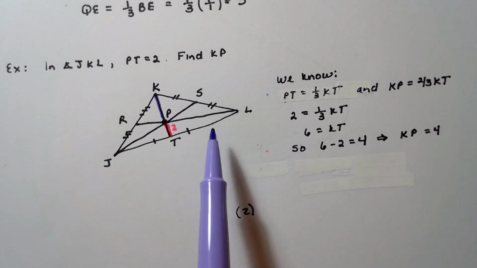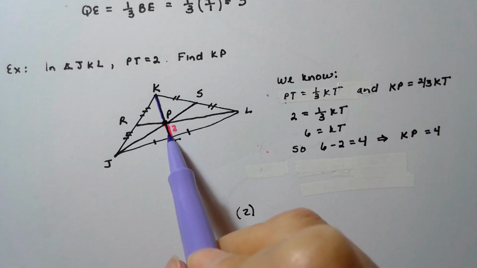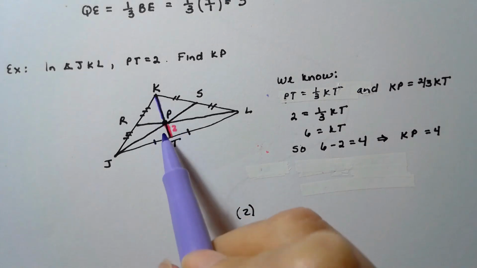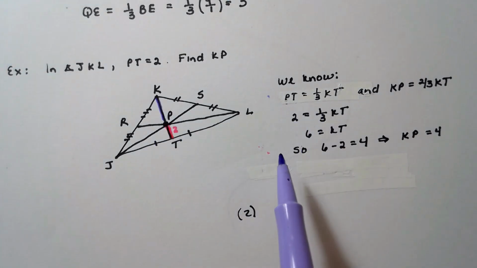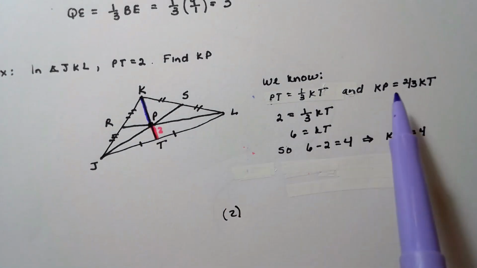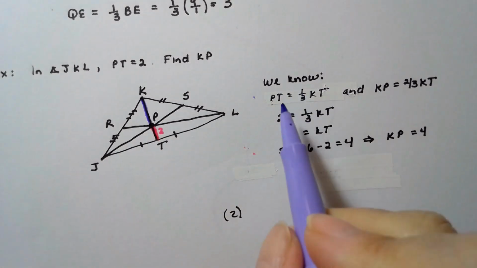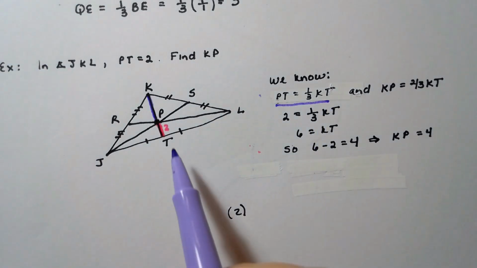So I know that this little piece here is 1/3 of the whole piece, so I can use that formula. I also know that this piece, KP, is equal to 2/3 times KT, right? So I can use either one. Well, I'm going to use this one. Why? Because I know what PT is.